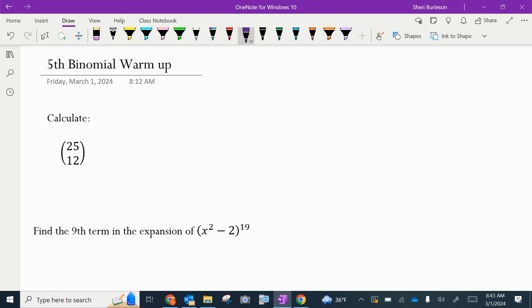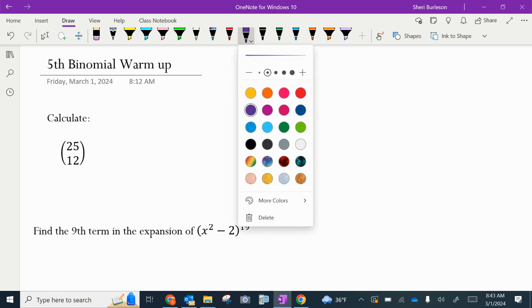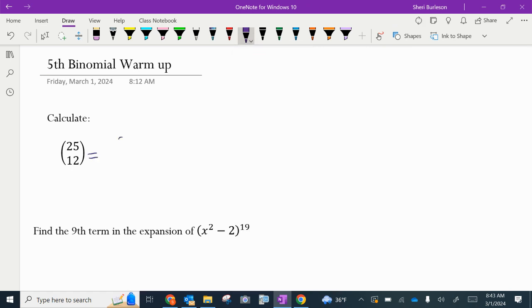If we did this by hand, did anyone try to do it by hand? It would be 25 factorial over 25 minus 12 factorial times 12 factorial. Or in other words, 25 factorial over 13 factorial times 12 factorial. This becomes really fun, doesn't it?